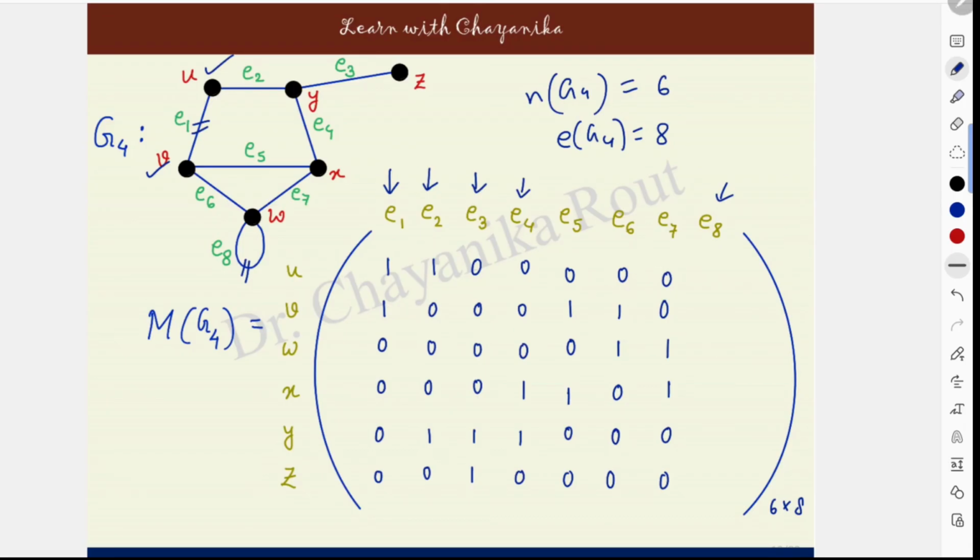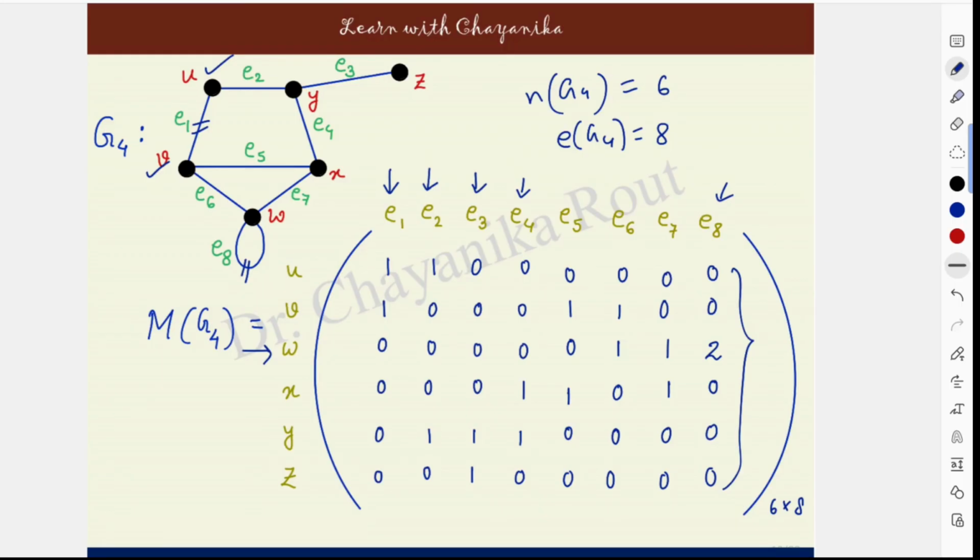That is the reason corresponding to the row for the vertex W, I put an entry 2 and the rest are 0. Because the loop is having the same vertex for both the endpoints and that is the reason you give a 2. And you know that in every column the sum of the entries is going to be 2 only. So you can see here for a loop also the sum of the entries in that column is also 2. Okay. So here also you can cross check.